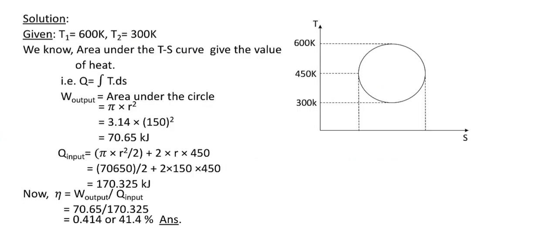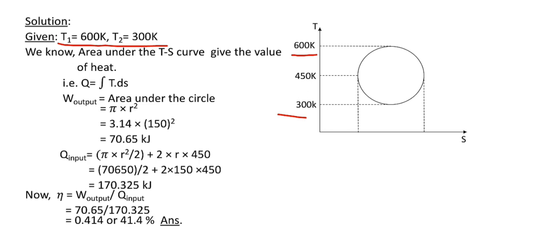Before solving this problem, I want to make it clear by using a figure. As in the given question, the maximum temperature is 600 Kelvin and the minimum temperature is 300 Kelvin. When you draw this thermodynamic cycle on a TS curve, we get a circle as given in the question.